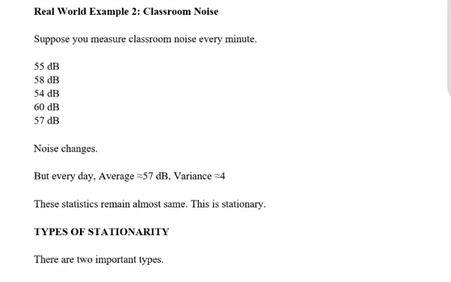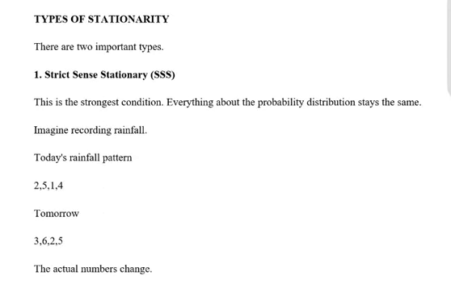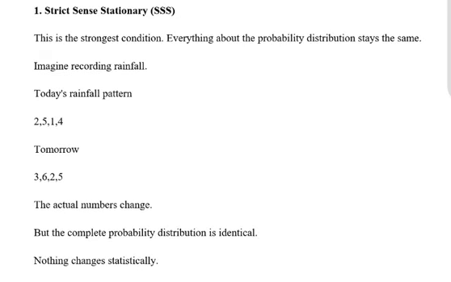Okay, but when I'm discussing the stationary random process, there are generally two different types of stationarity that occur in a signal. One is strict sense stationary and another one is wide sense stationary. While discussing strict sense stationary, we can say that everything about the probability distribution remains the same. For example, today I'm measuring the pattern of rainfall.